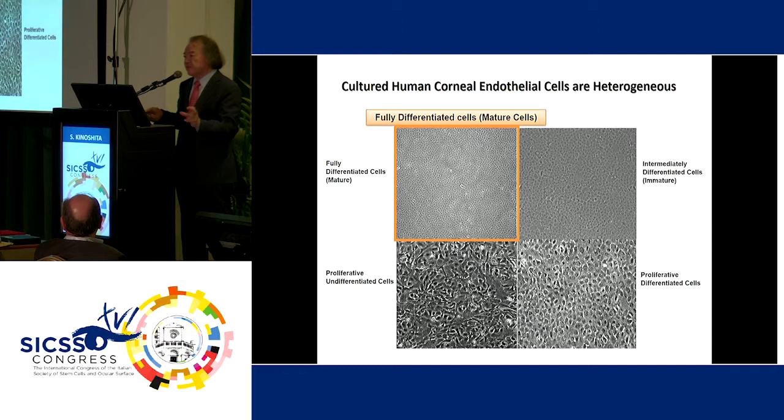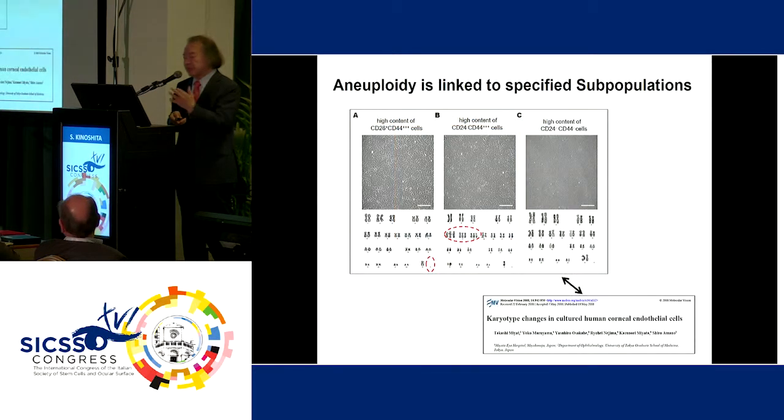There are at least 4 or 5 different kinds of endothelial cells observed. Among them, I would like to introduce the fully differentiated cells into the anterior chamber. There are several reasons, but the mature, fully differentiated endothelial cells are safe enough to inject, but not the other ones.